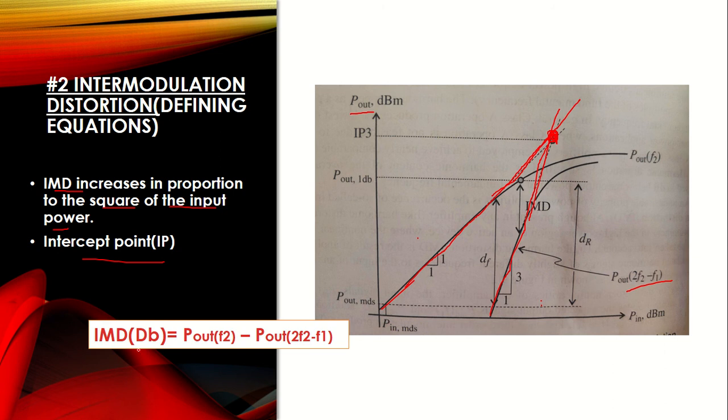And the formula for intermodulation distortion, as said earlier, is the difference between the original output, which is your F2, and the distorted output, which is 2F2 minus F1. So the difference in power levels of F2 and 2F2 minus F1 gives our intermodulation distortion in the decibel scale.